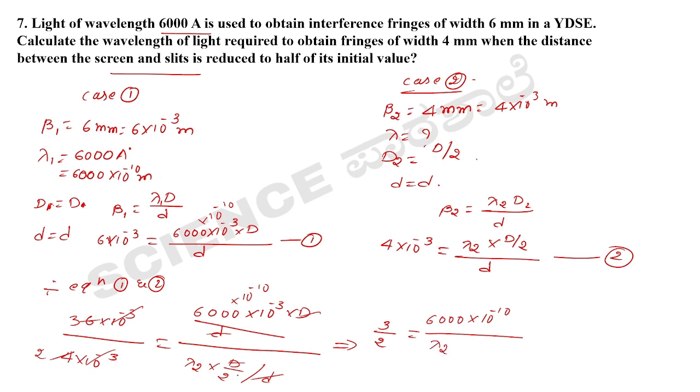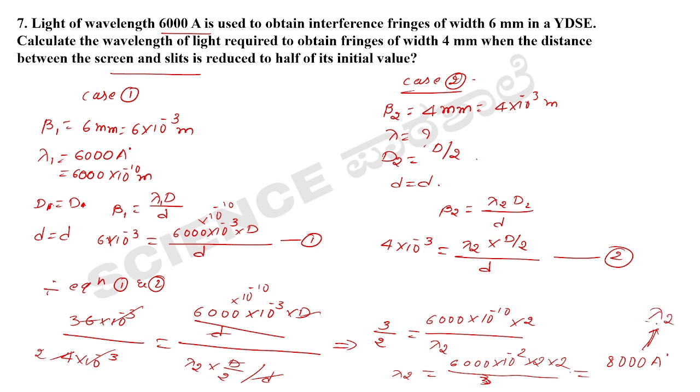The denominator of the denominator becomes a numerator, that is 2. Then what is lambda 2 here? Lambda 2 is equal to, taking this 2 to this side, 6000 into 10 raised to minus 10 into 2 into 2 divided by 3. If you do this, you will get the answer 8000 angstrom.